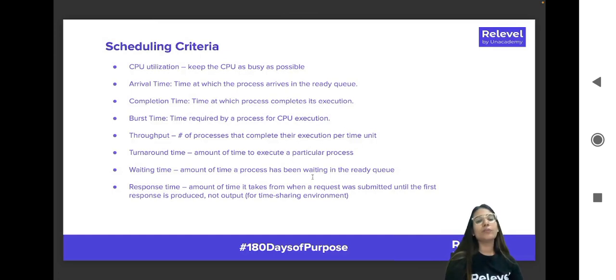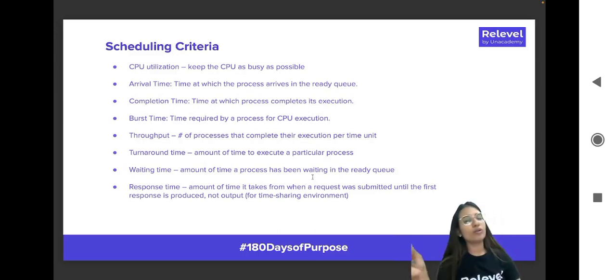And then we talked about a few terminologies, which are CPU utilization, arrival time, completion time, burst time, throughput, turnaround time, waiting time, and response time, for which we'll take examples in detail in the very next videos. Arrival time is when the process comes in the ready queue, completion time is when the process completes, burst time is the time duration required for the CPU execution, throughput is how many processes you could execute per unit time, turnaround time is basically the waiting time when you were waiting in the queue plus the burst time when you were actually using the CPU resources.